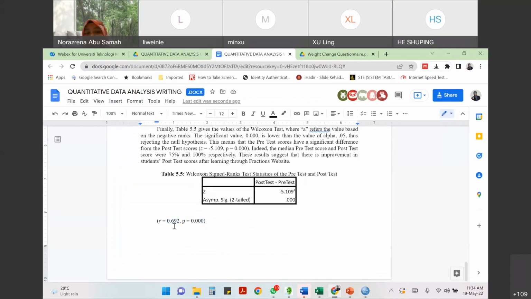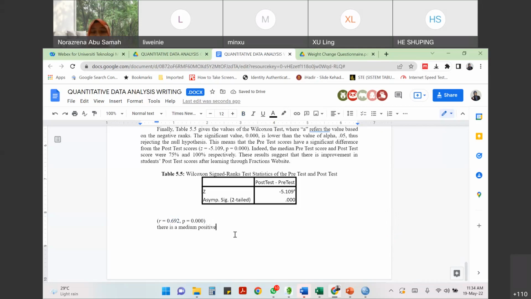So 0.692, some of the studies say that it is strong correlation. Some of them say that this is medium correlation. Whatever it is, please find a reference for that. So this one, it could be medium correlation. So you can write, there is a medium positive correlation. It's positive because there is no negative here.